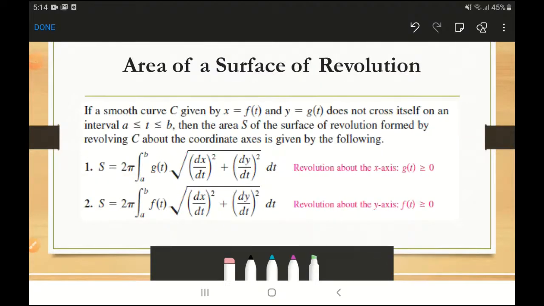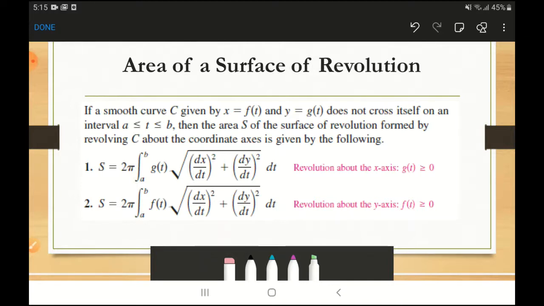The second application of the parametric equation is also to find the area of the surface of revolution. This is the same thing that we learned in the rectangular equation, but now let's see what is different from the area of surface of revolution of a curve defined by a parametric equation.